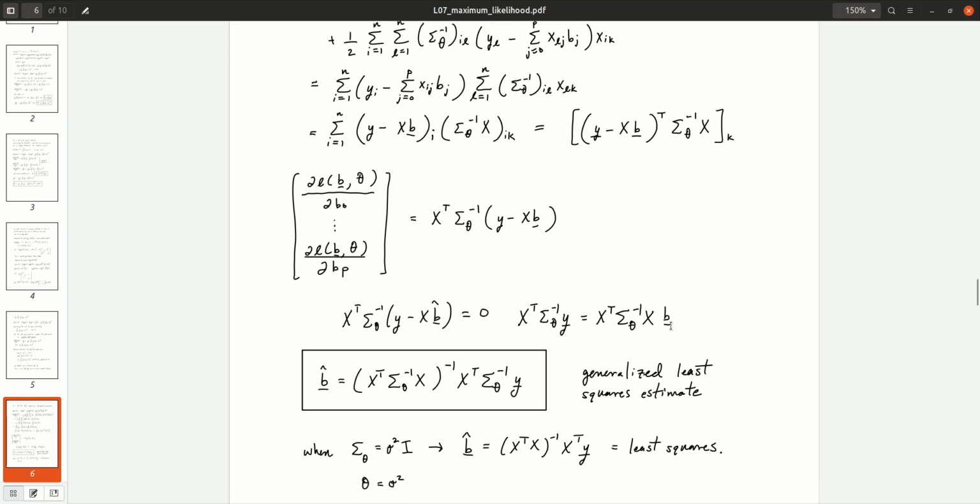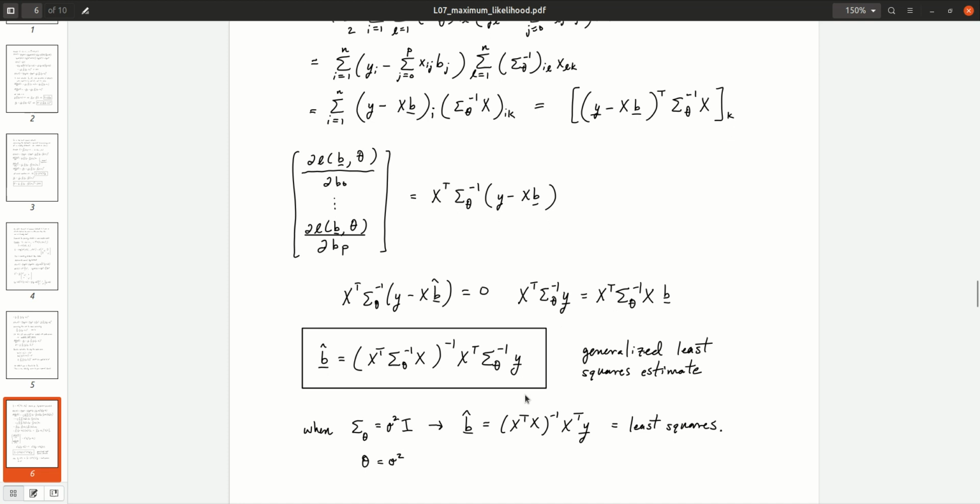So this equation is the same as this one, just rearranged, which means that b hat equals (x transpose sigma theta inverse x) inverse, so take the inverse of this part, and multiply it by x transpose sigma theta inverse y. This is what we call the generalized least squares estimate of b.